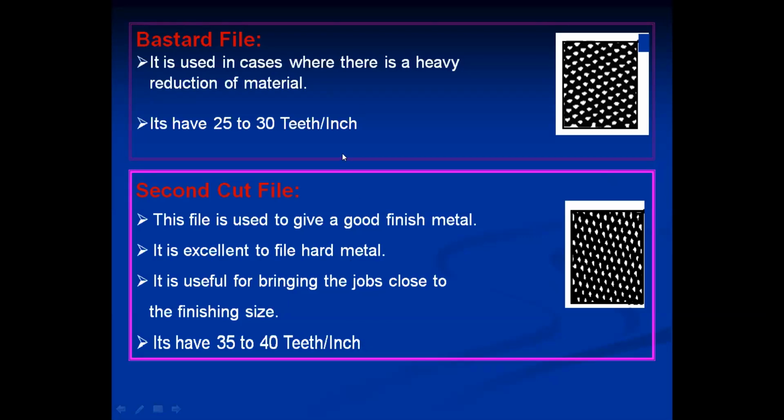In the bastard file there are 25 to 30 teeth per inch, but in the second cut file there are 35 to 40 teeth per inch. This is the second cut file.